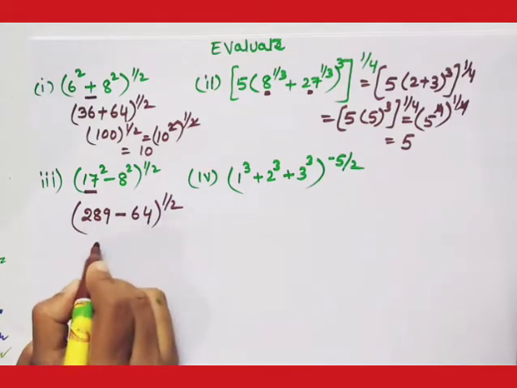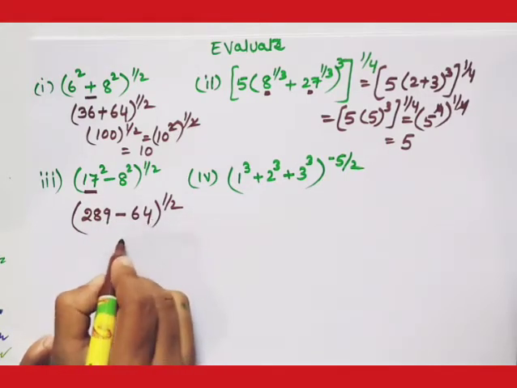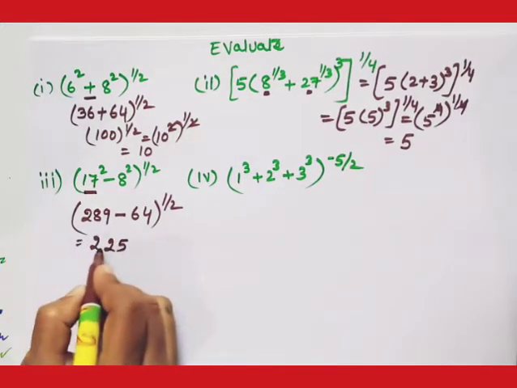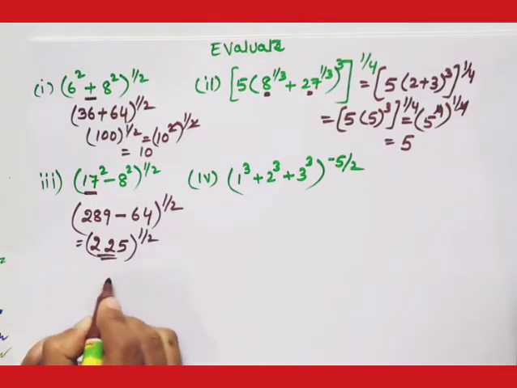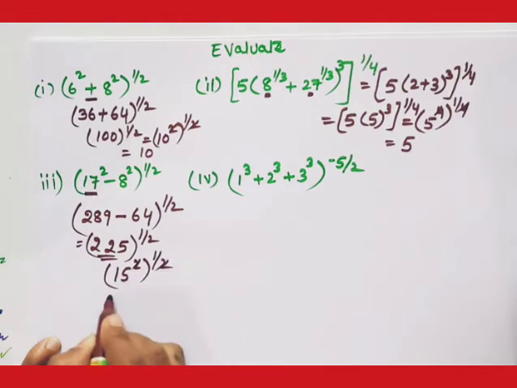Now 289 minus 64, find out. 9 minus 4 is how much? 9 minus 4 is 5, 8 minus 6 is 2 and 2. So the next step is 225 to the power 1 by 2. This is nothing but 15 square to the power 1 by 2. So 2 cancel and you are left with 15.